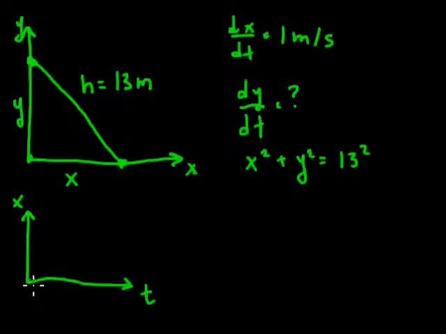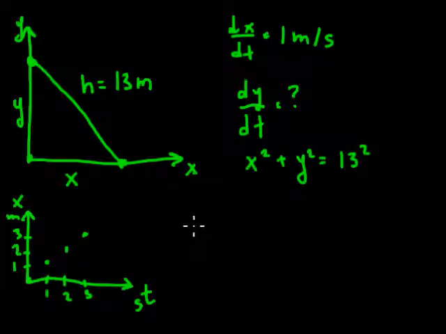We put 1, 2, 3 for time in seconds, and here we write 1, 2, 3 for x in meters. It's given to us that this point moves at the rate of 1 meter per second. We can draw this function like this. 1 meter per second means for every second it goes 1 meter. There you go, that's a function.